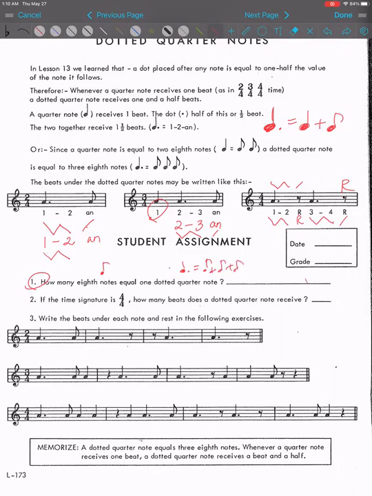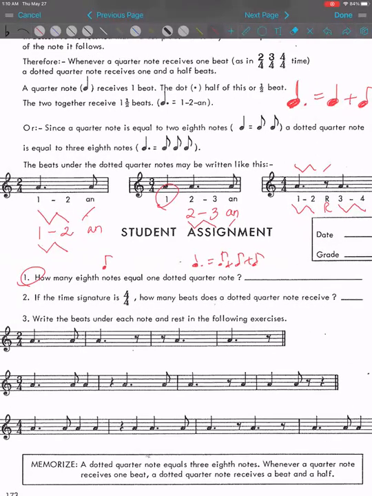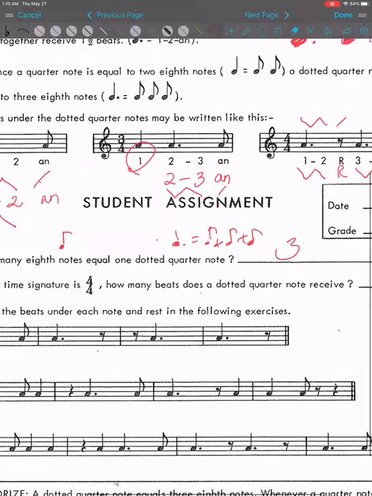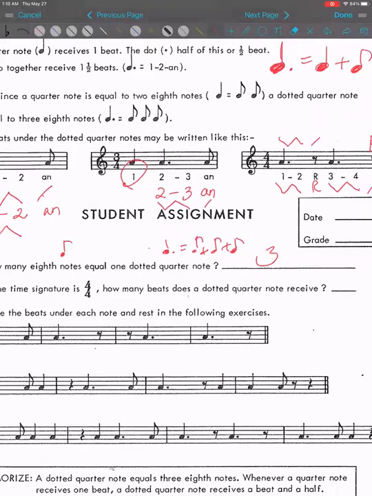So the answer will be 3, because the dotted quarter equals 1.5 beats. That means you have 3 half beats total.